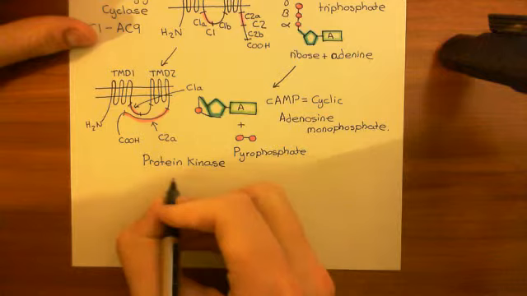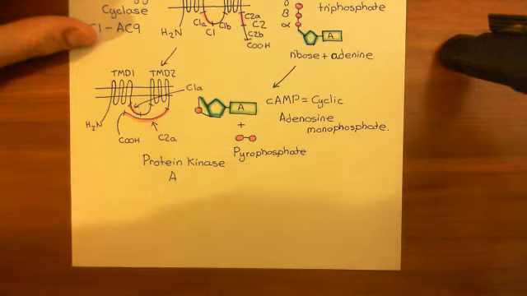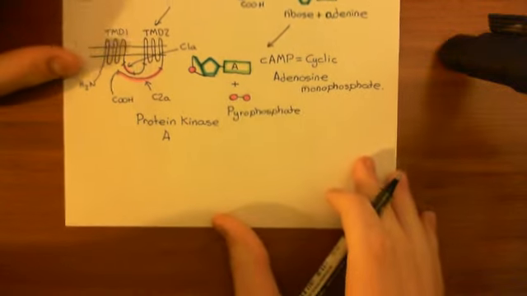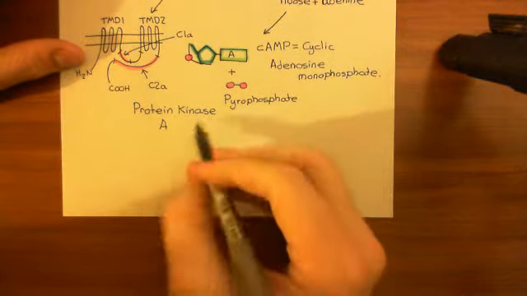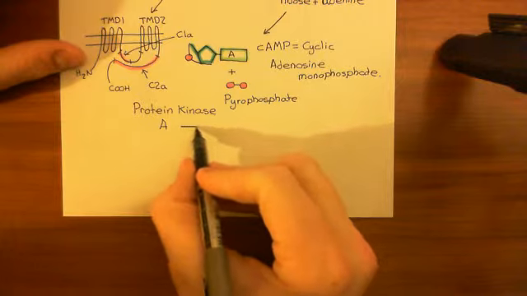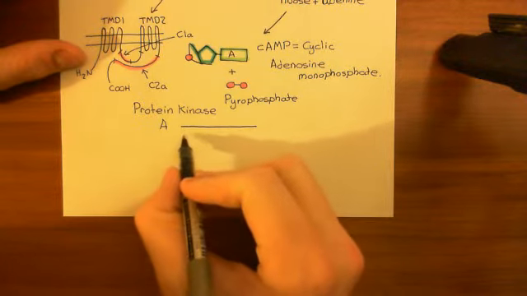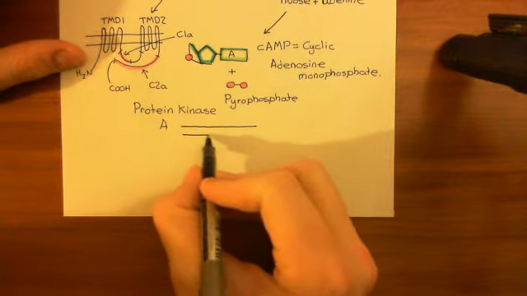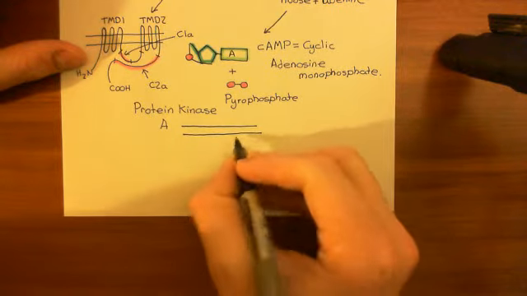Now basically there are 2 different types of protein kinase A. There is type 1 protein kinase A, which is free within the cytoplasm, and there is also type 2 protein kinase A, which is instead bound to special proteins which are bound to the plasma membrane, known as A kinase anchoring proteins.